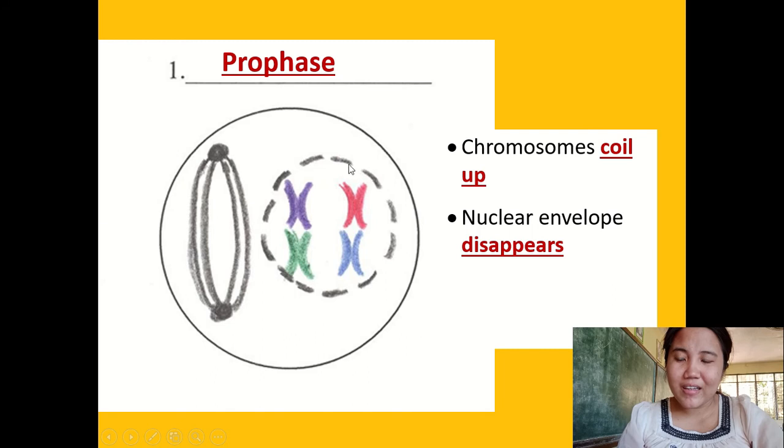Before the cell division, they are actually connected to one another. But when the cell division process starts, this melts down, tears into pieces, and automatically disappears later on. Next, the spindle fibers form. So these are the spindle fibers.